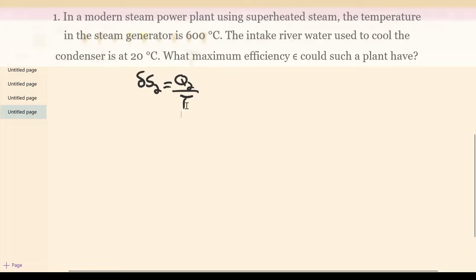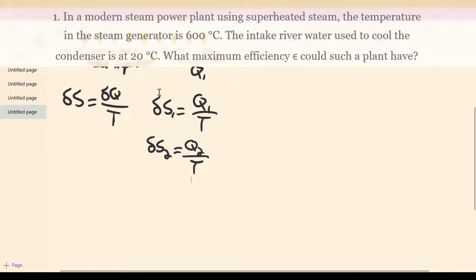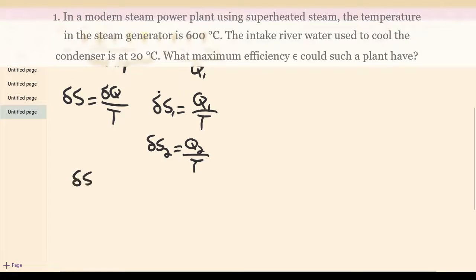So if we subtract them, they have to be equal to 0, because as I mentioned earlier, the total change in entropy at the end of the cycle has to be 0. And these are the two changes from when the heat is being inputted and removed.